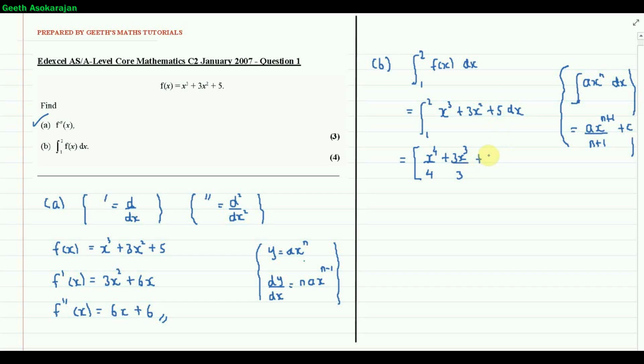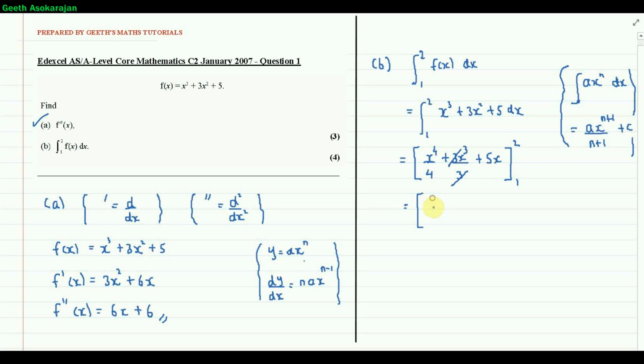Integration of any constant is the constant into x. Let's close that square bracket, and let's write these limits on the right hand side of the square bracket. Before I replace the limits, let me cancel these two 3's.